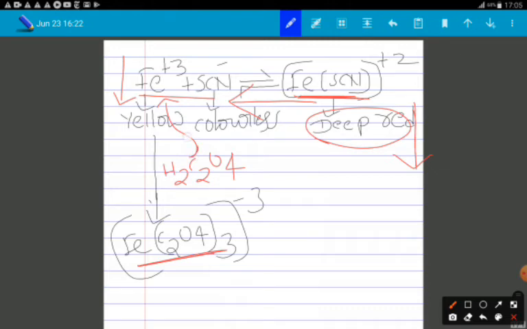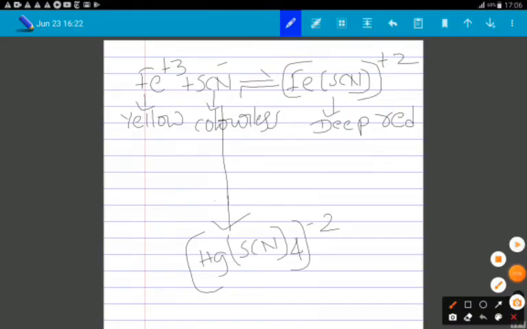So when you add the oxalic acid, it reacts with the Fe3+ ions, and to undo the effect of this change, the system favors the backward reaction. You can observe this complex decomposing, and slowly you can see the decrease in the deep red color.